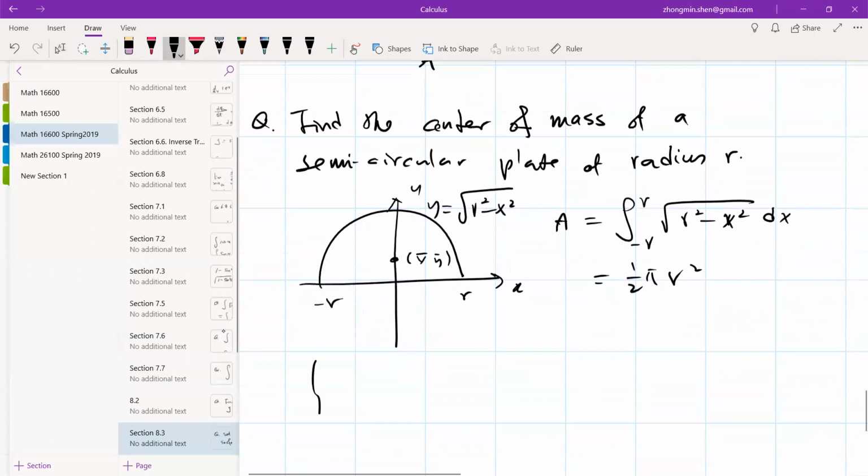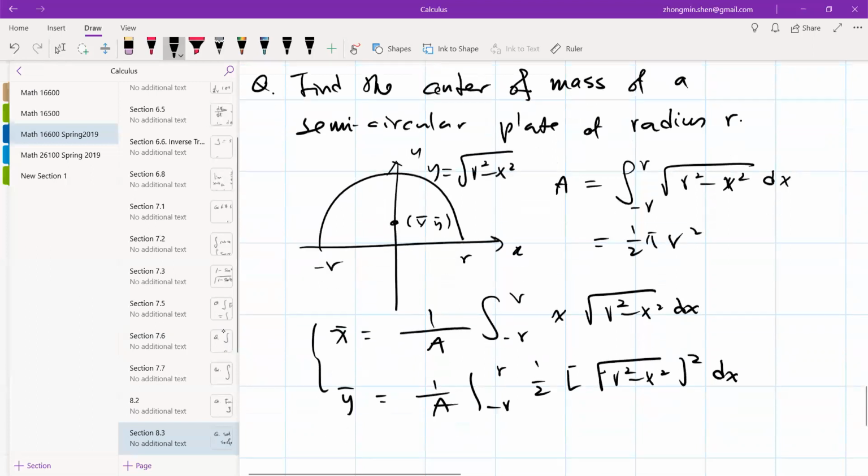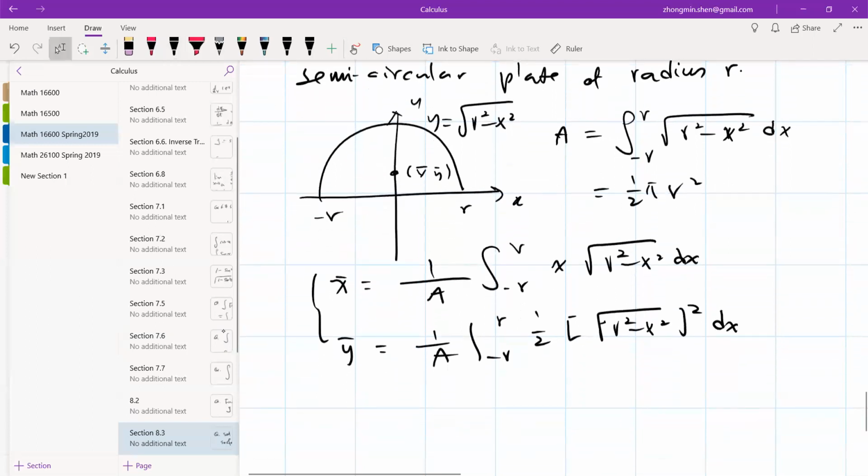Then you write down the two formulas. The x bar is the integral from negative r to positive r of x times the function, and the y bar is going to be one over A times the integral from negative r to positive r of half of the function squared. Okay, half of the square of the function.